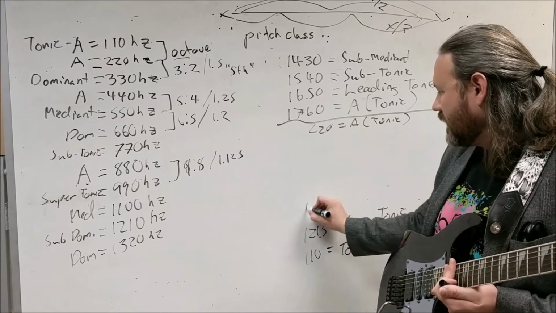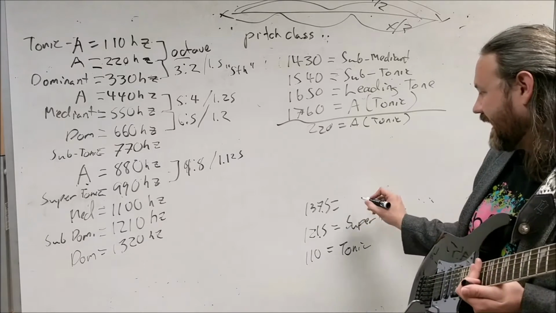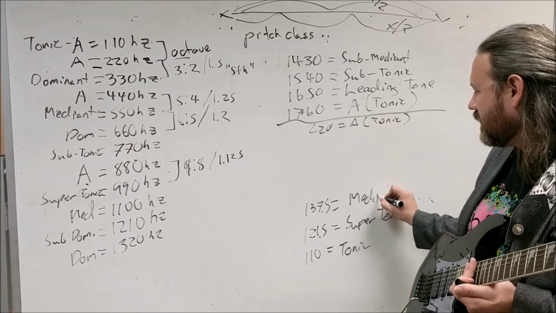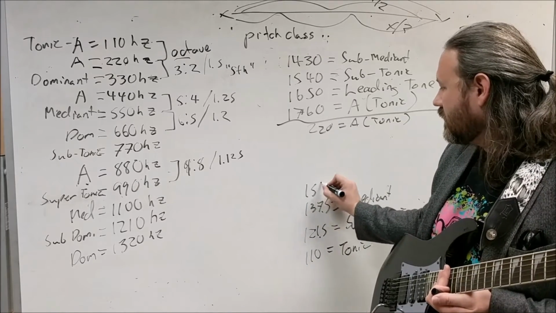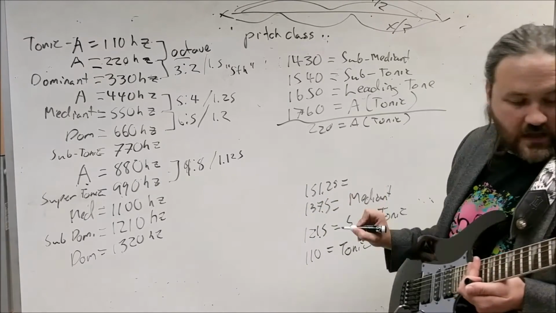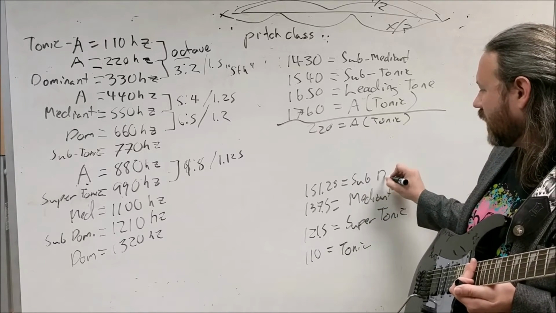We get a 137.5, and that is basically going to be our mediant. We're going to get a 151.25, and that's going to be our subdominant.